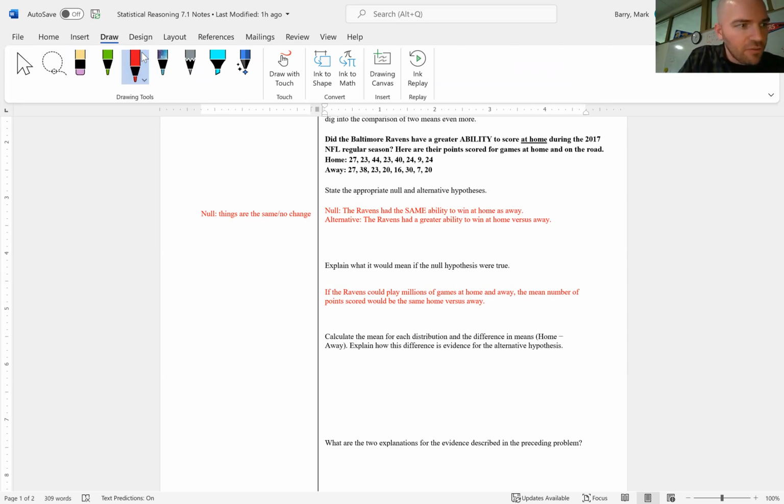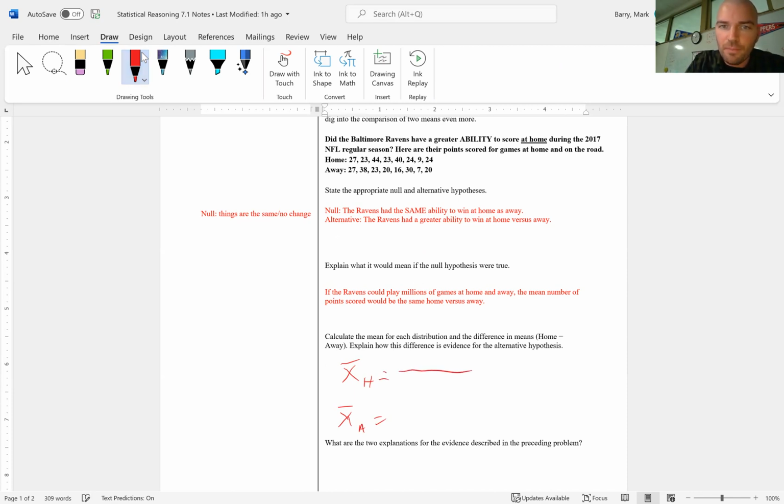So remember average, we call it with like the X bar. And so a lot of times what they'll do with this is they'll use a subscript. So I'll do one that's like X bar is the mean, and then I'll put a little subscript H right there, meaning I'm just talking about the mean of the home games. All right. And then I'll do the X bar for the away games. All right. So we'll figure this out.